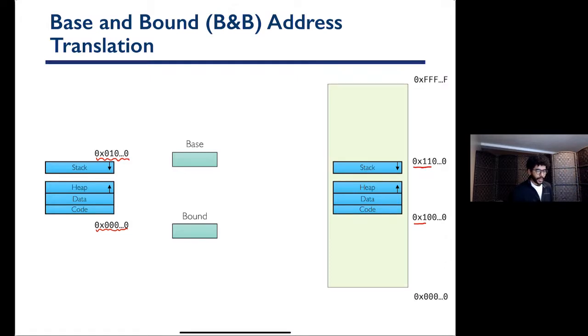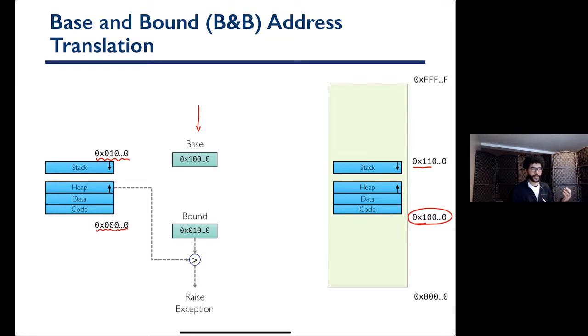Now, in order for me to map that to physical memory, I put this address, the base one, in my base register, and I set the bound. So far, very similar. This part is very similar to what we had before. It's just how we're going to use it that is different from the previous one. The way we're going to use this base and bound is we're going to get the virtual address and check it with the bound. We're going to make sure that all the addresses that we're creating are inside the bound.